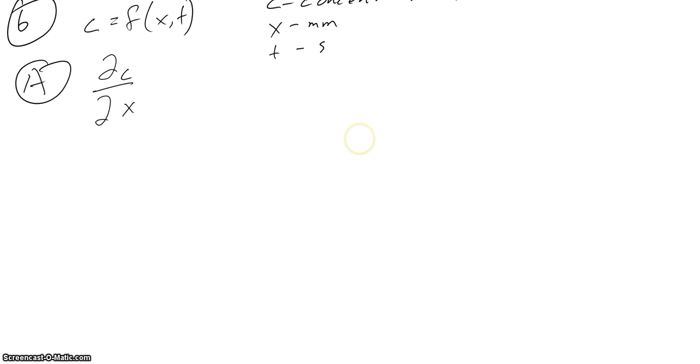So part A is asking all of those questions. What are the units? What's the practical interpretation? And what do you expect the signs to be? For dC/dx, the units are going to be concentration over millimeters from the injection point.